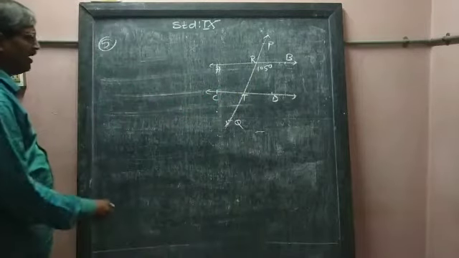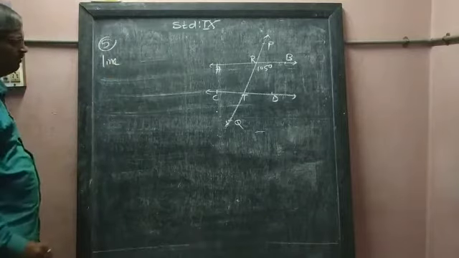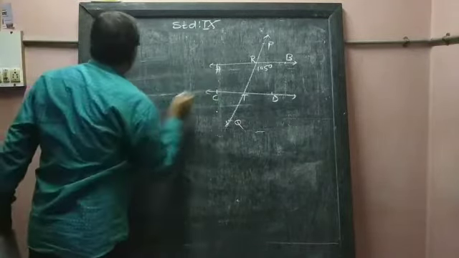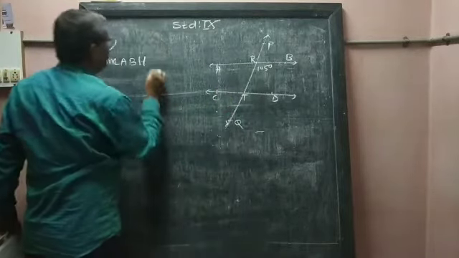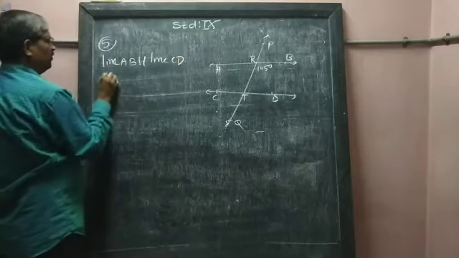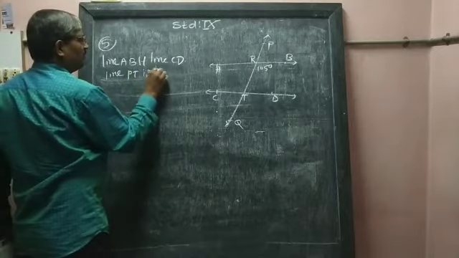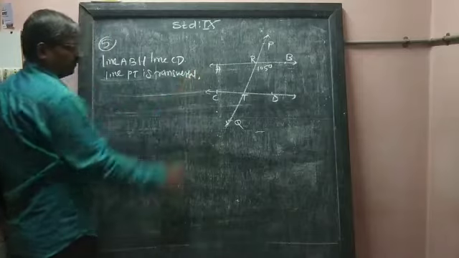Just we will write here which lines are parallel: line AB parallel to line CD. Line PT is the transversal.